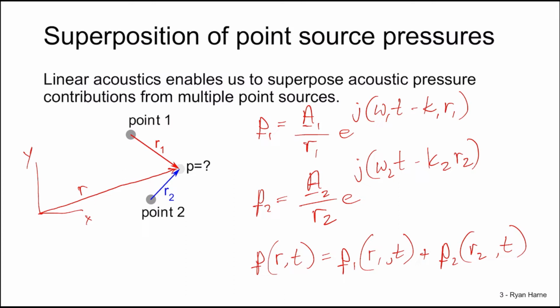We need to simplify this expression in order to compute further. So for incoherent sources, when the frequencies omega 1 and omega 2 are different, omega 1 is not equal to omega 2, we have to take an RMS sum.